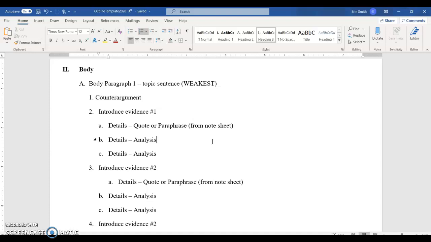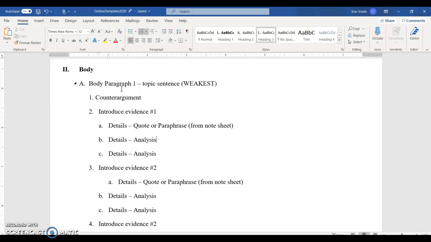So I start with my topic sentence because I'm following the TICA format that we've been following all year. So I have my topic sentence. The only addition is you have to include your counter argument or your counterclaim in each paragraph, what the other side may think. A very strong place to do this in a persuasive research essay is right after your topic sentence.